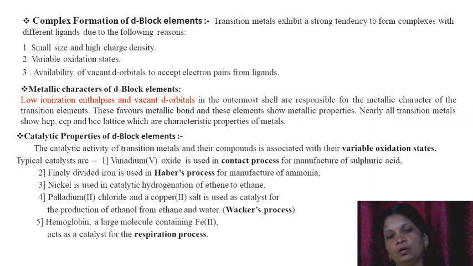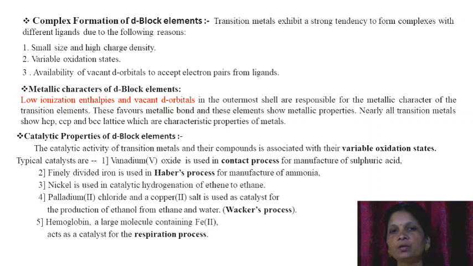The one more characteristic of d block element is metallic character of d block element. We can see here all are metal. The low ionization enthalpy and vacant d orbital in the outermost shell are responsible for the metallic character of the transition elements.